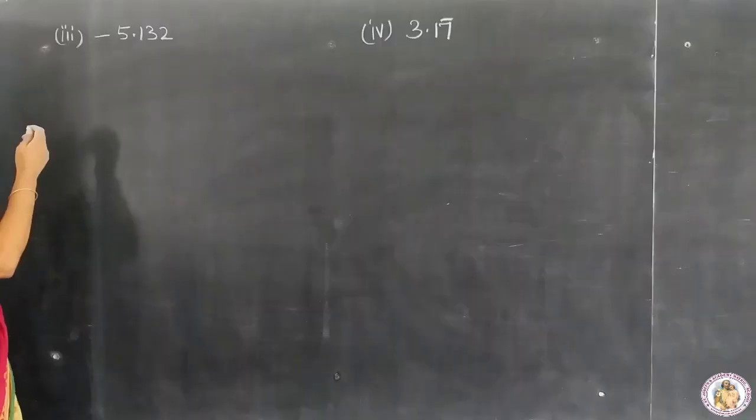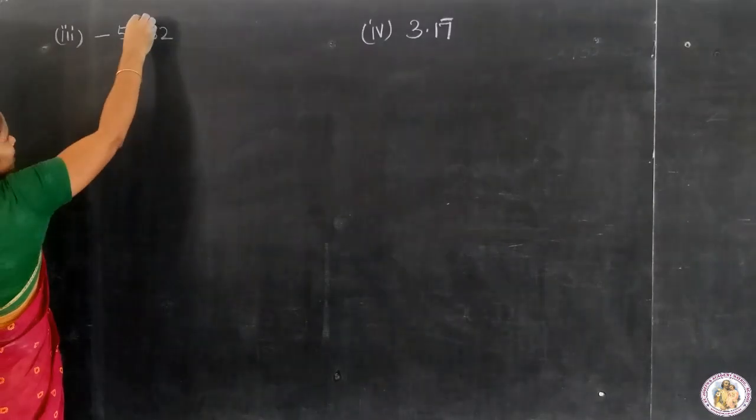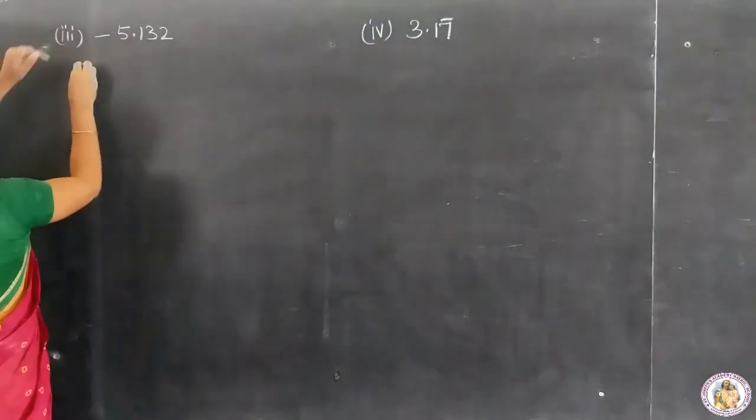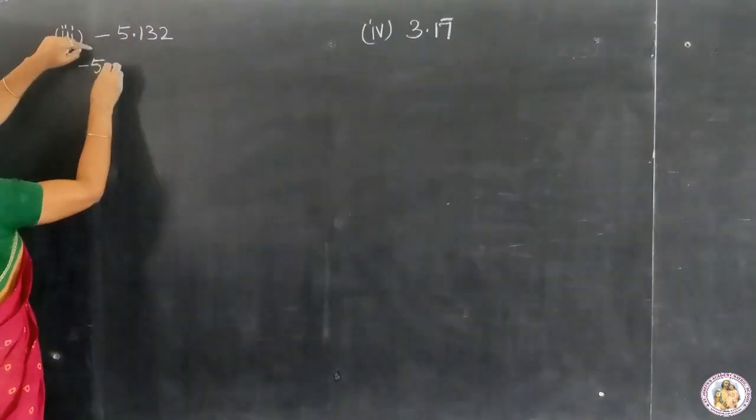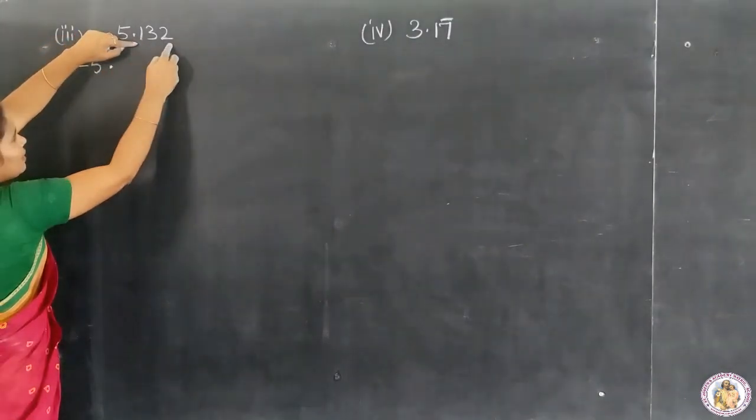Okay. Question number 3: minus 5.132. There is no bar, so do it in a simple way: minus 5 decimal. After the decimal, tens, 100 and 1000.